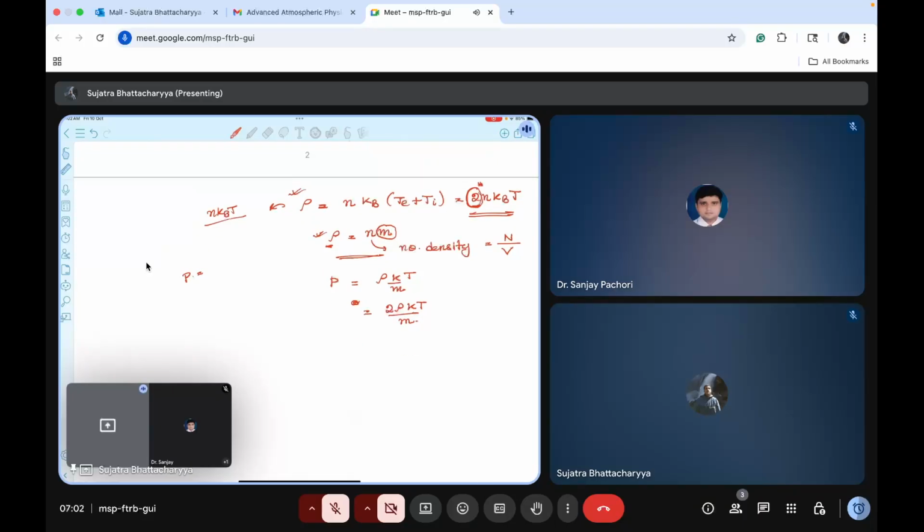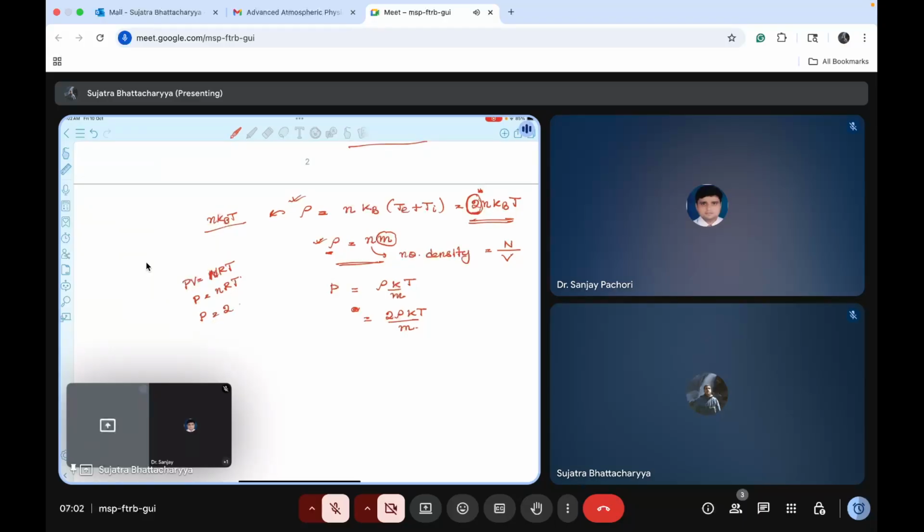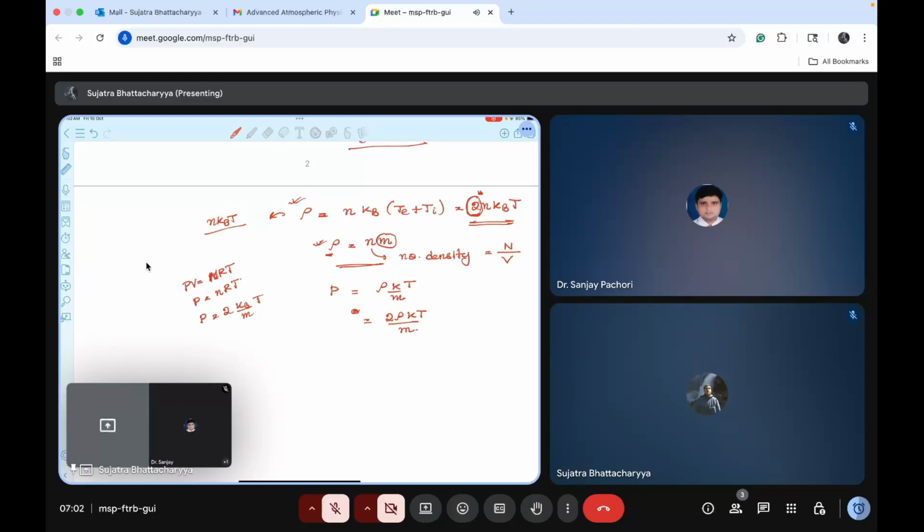PV is equal to nRT, and so P is equal to nRT, which is now 2 times that, R can be written as kB by m into T, and in that sense your n is equal to actually rho by m.